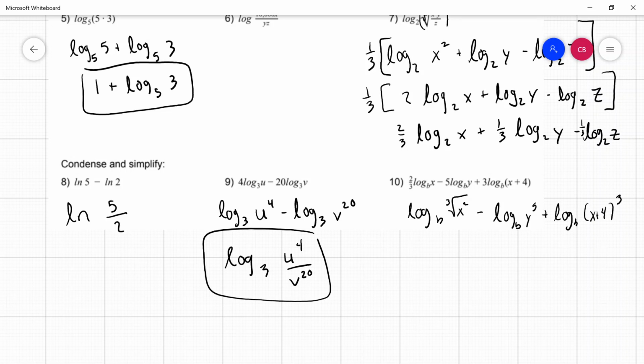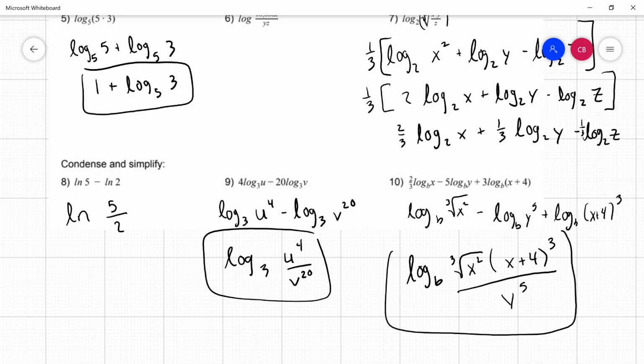Anything positive is on top, so this is log b cube root of x squared times x plus 4 to the 3rd. Oops, I drew that too far. Over y to the 5th. And there you have it.